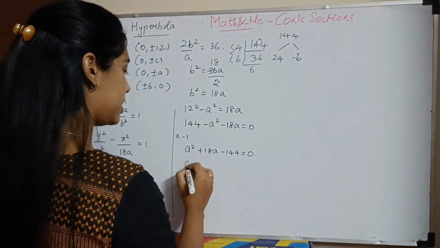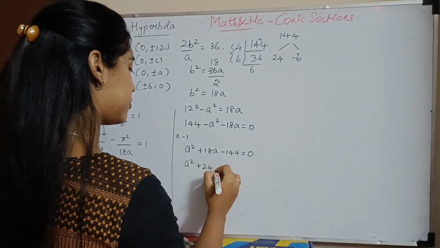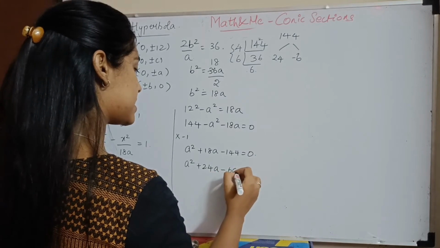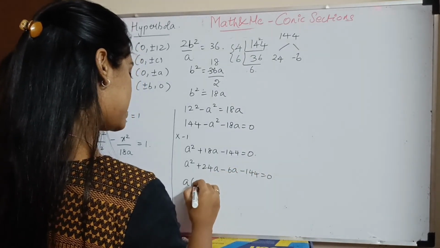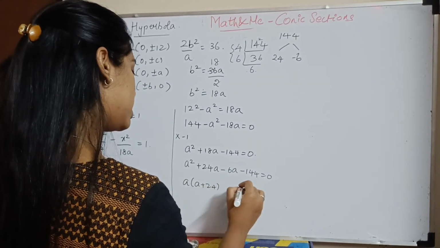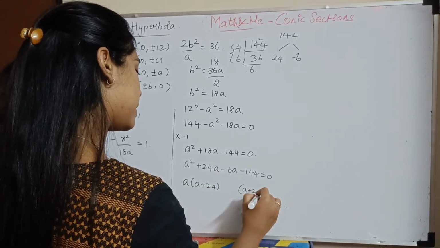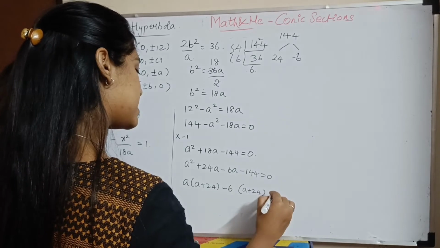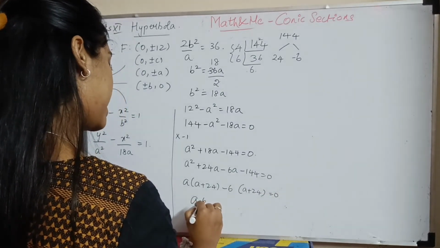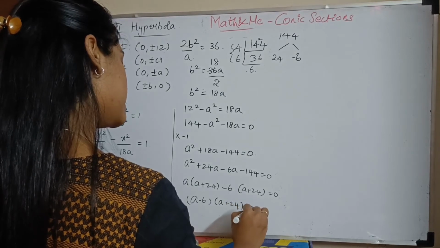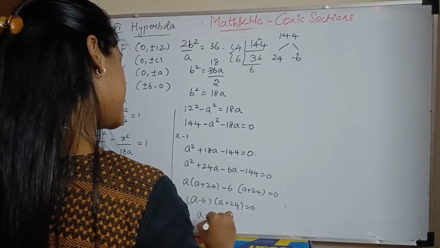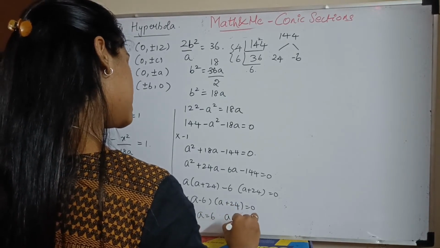So this is a square plus 24a minus 6a minus 144 equals 0. So a times a plus 24, and here I want a plus 24, and here it becomes minus 6a equals 0. So a minus 6 times a plus 24 equals 0. So a equals 6, a equals minus 24.